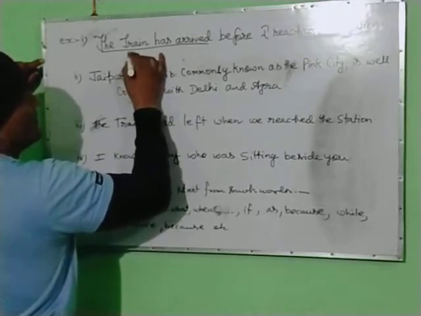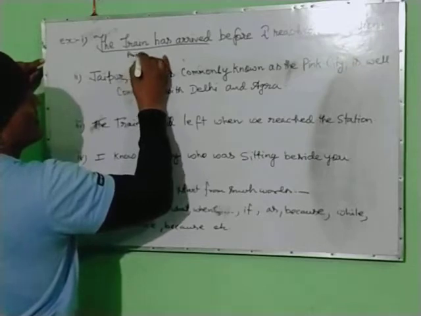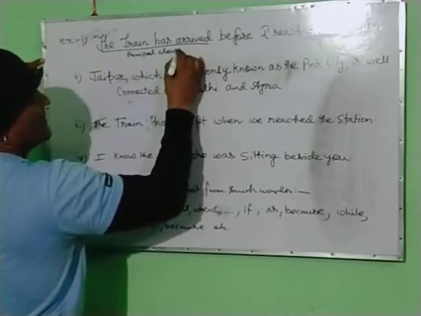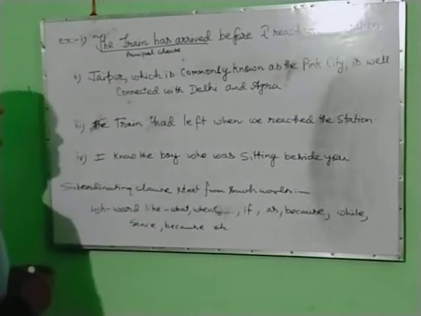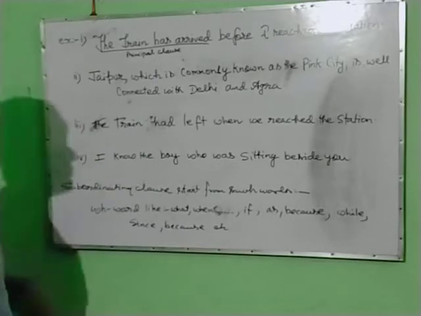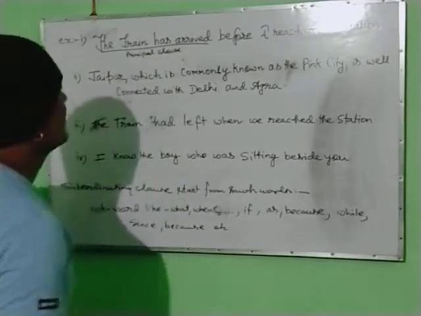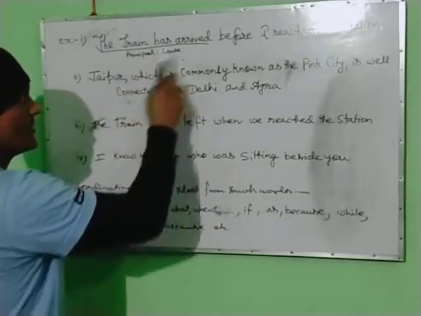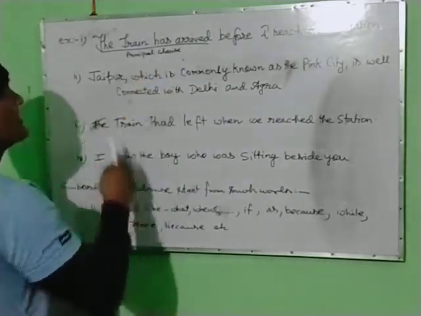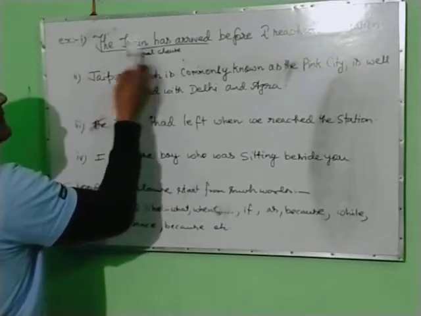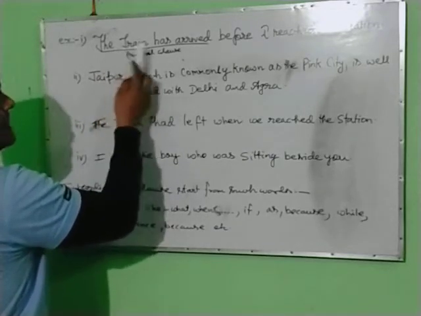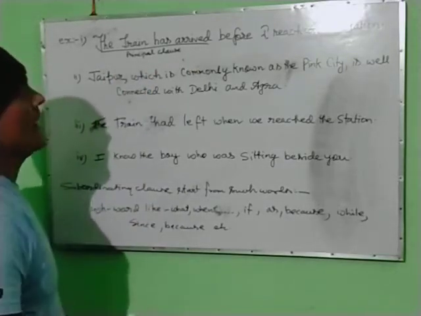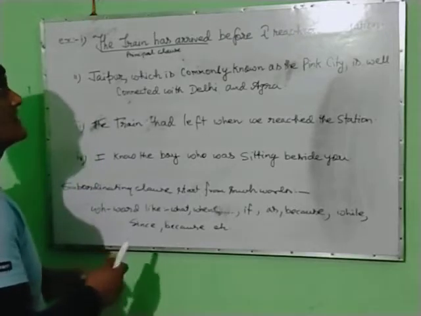It is a principal clause, or we can say an independent clause or main clause. Why is it a principal clause? Because it makes sense of its own. It gives a complete meaning: the train has arrived, that is, the train has reached. It makes complete sense.